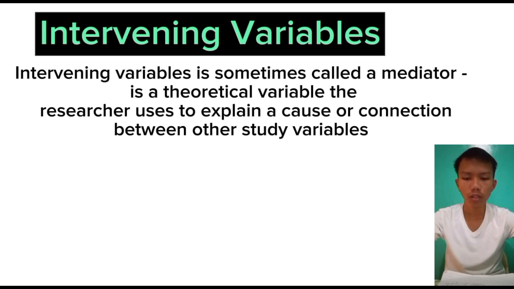It must be noted that intervening variables cannot be observed in an experiment, but as already intimated, can be used to explain a cause, connection, or association between and among variables in the study. Hence, intervening variables deal with associations instead of observations.